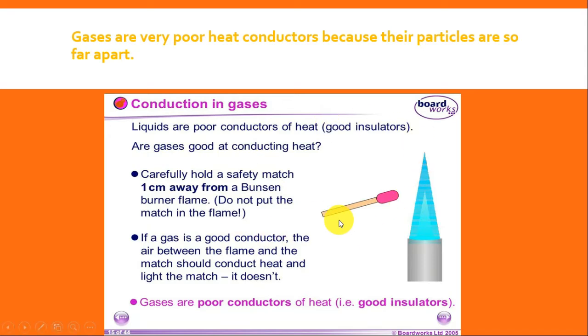But this doesn't happen. So it means that air is a very poor heat conductor. It cannot conduct heat between objects from the flame to the match. So gases are poor conductors of heat, good insulators.